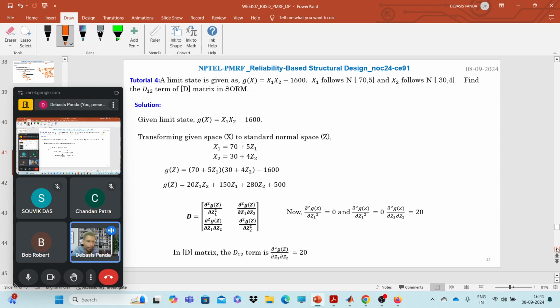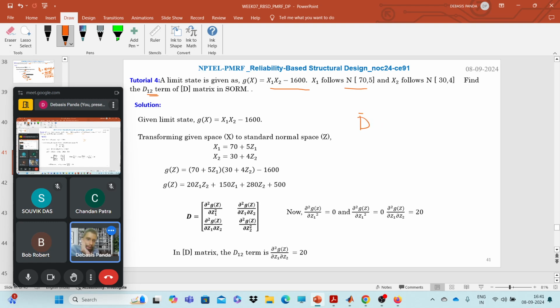Now move to the last question. Let's see what this question says. A limit state is given as g(x) equals x1 x2 minus 1600. Now x1 follows a normal distribution with mean 70 and standard deviation 5, and x2 also follows a normal distribution with mean 30 and standard deviation 4. Find out the D22 term of the D matrix.